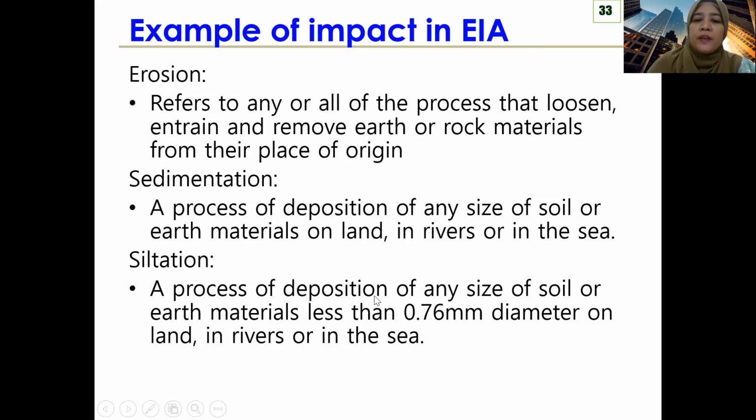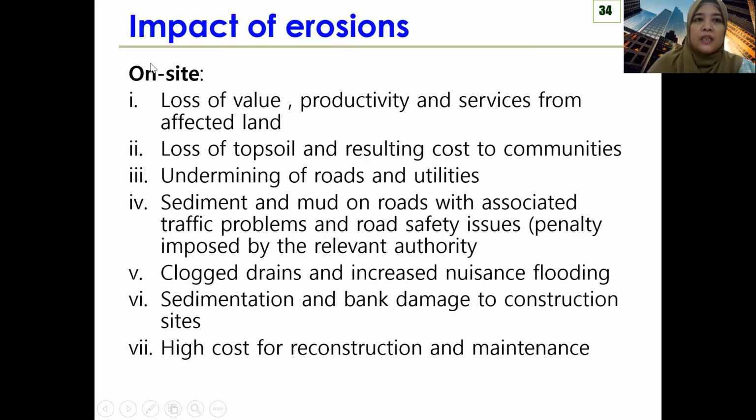Siltation, the process of deposition of any size of soil or earth materials less than 0.76 mm diameter on land, in rivers or in the sea. Samalah, siltation, sedimentation. Okay? Dua-dua proses tu mengakibatkan pemindahan tanah, okay, ke tempat lain, ke river, ke laut.